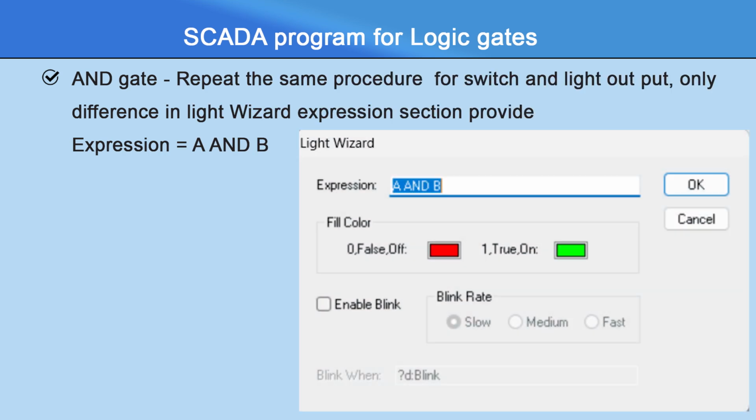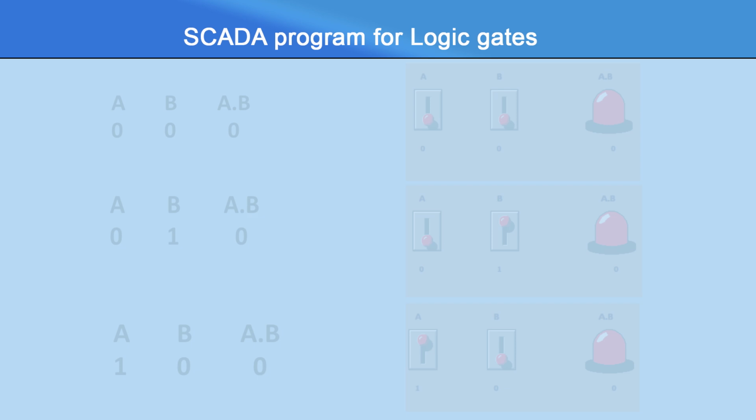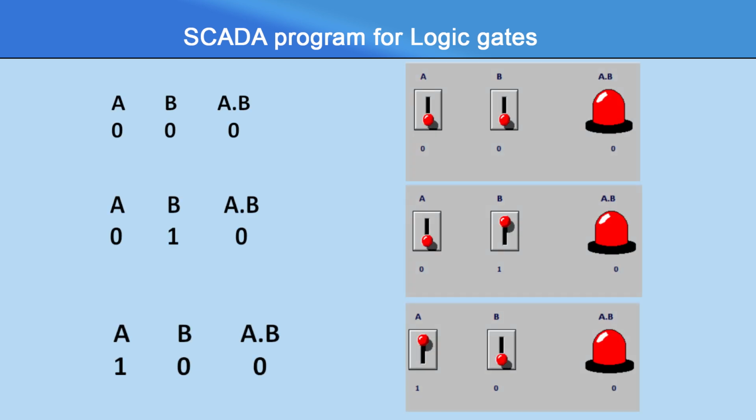For the AND gate, as we know, we need two inputs. So we have added two input button switches, A and B, and one output indicator as the light. You have to do the same process I have discussed for both switch A and B and for your output indicator.